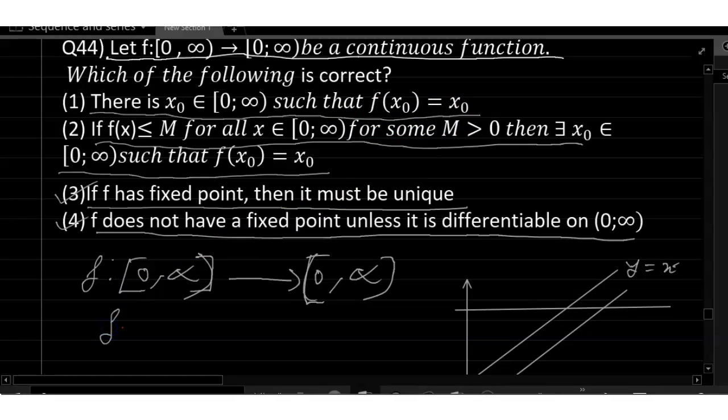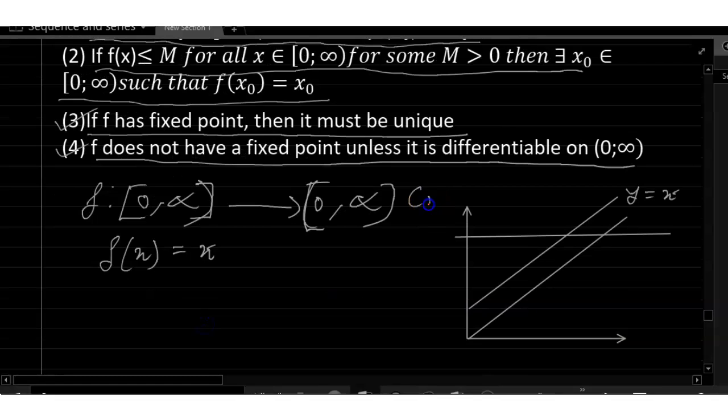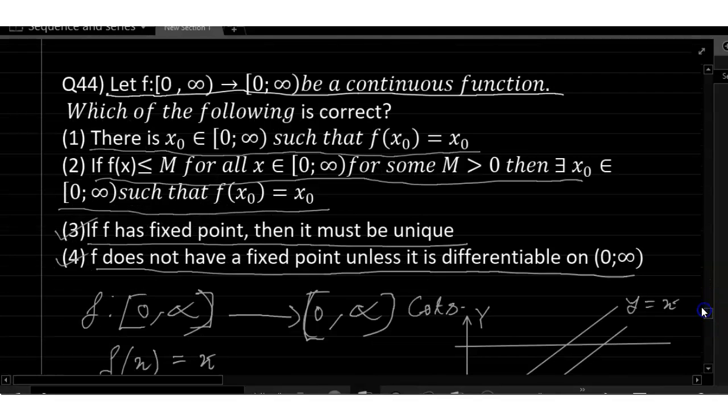So f(x) equals x is a continuous function, and this is the y-axis and this is the x-axis. So there is x0 belonging to 0 to infinity such that f(x0) is equal to x0. So this option is not correct.